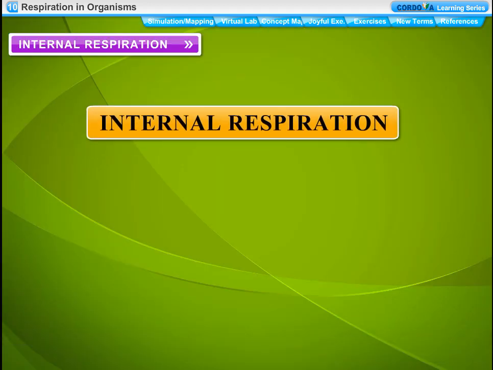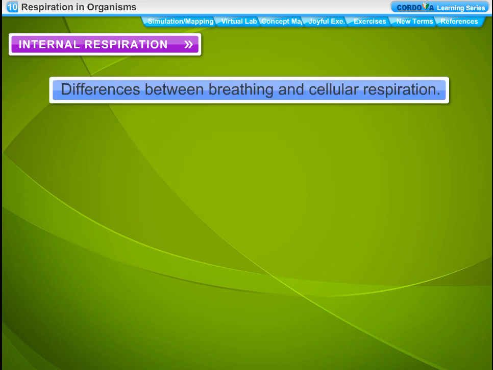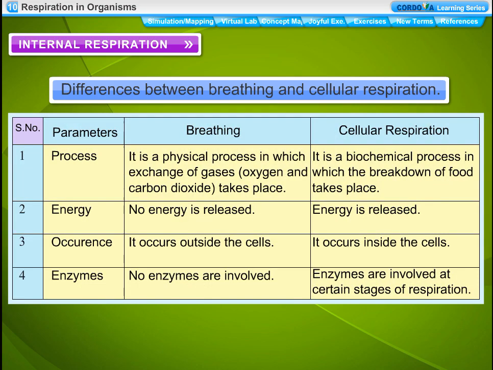Internal respiration, also called cellular respiration. Table: differences between breathing and cellular respiration. Serial number, parameters, breathing, cellular respiration. 1, 2, 3, 4. Process: energy, occurrence, enzymes.